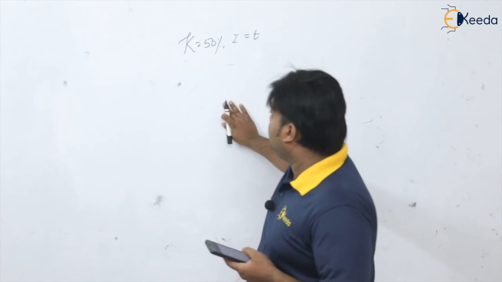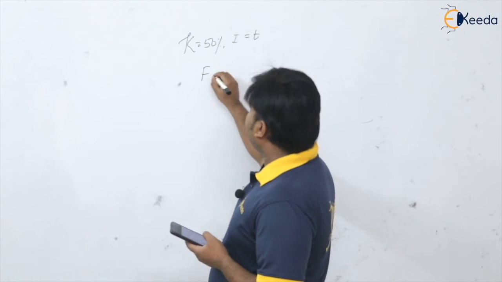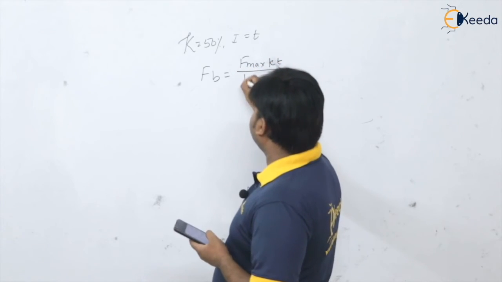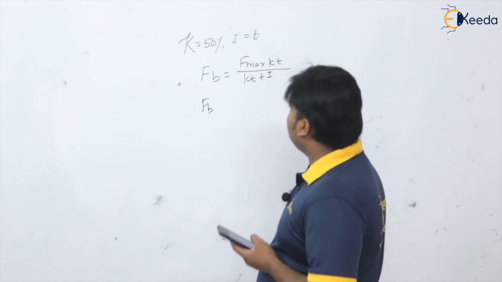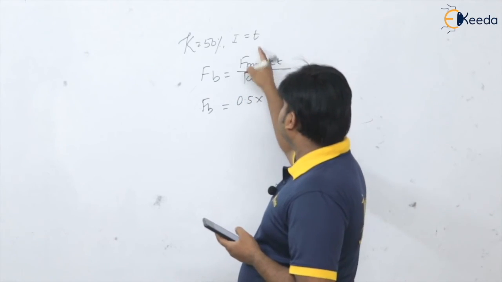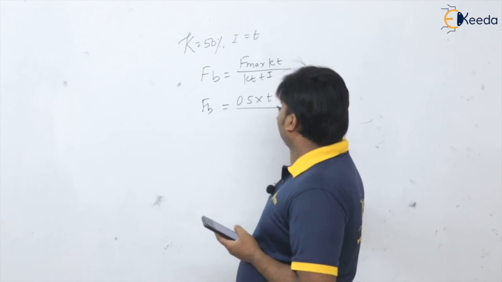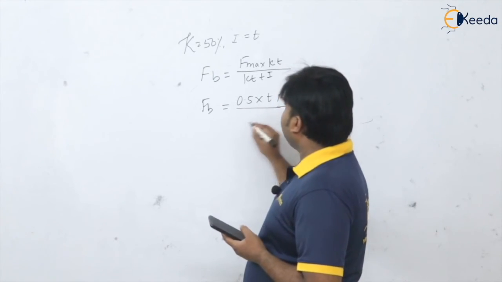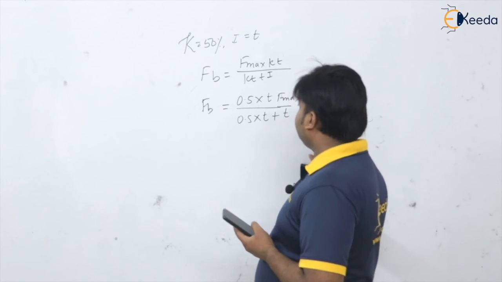Okay, so we have seen this special case, that is FB is equal to what? F max KT divided by KT plus I. So FB is the force after provision of shear, definitely it is going to reduce. K is 0.5, so 0.5 into thickness is the amount of shear we are providing, that is F max into 0.5 T divided by (0.5 T plus I), where I is equal to thickness.